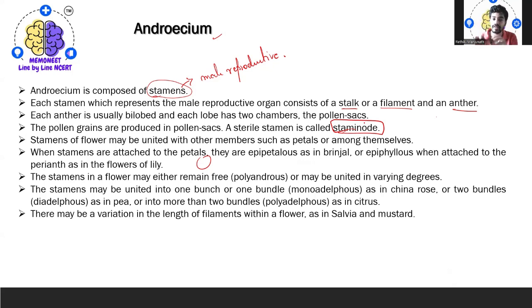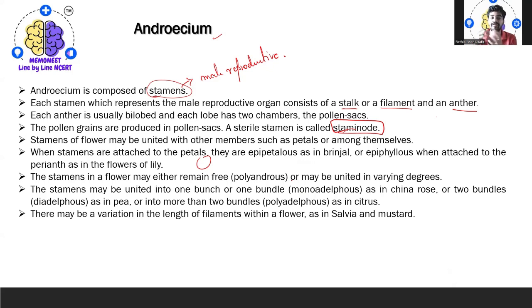The stamens in a flower may either remain free or be united in various degrees. They may be united into one bundle, called monoadelphous, as in China rose, or into two bundles, diadelphous, as in the pea plant, or into more than two bundles, polyadelphous, as in most citrus flowers.